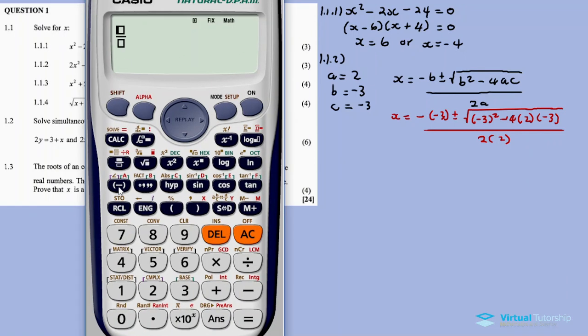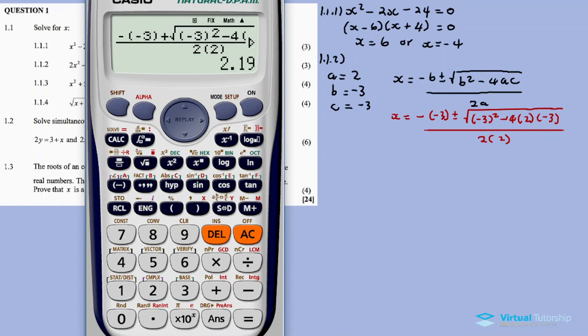This is minus, open bracket, minus 3, plus. Let's start off with plus. I'm going to use plus or minus on the calculator. So square root, open bracket, minus 3 squared minus 4 times 2 times c, which is negative 3, over 2 times 2, equals 2.19 correct to 2 decimal places.